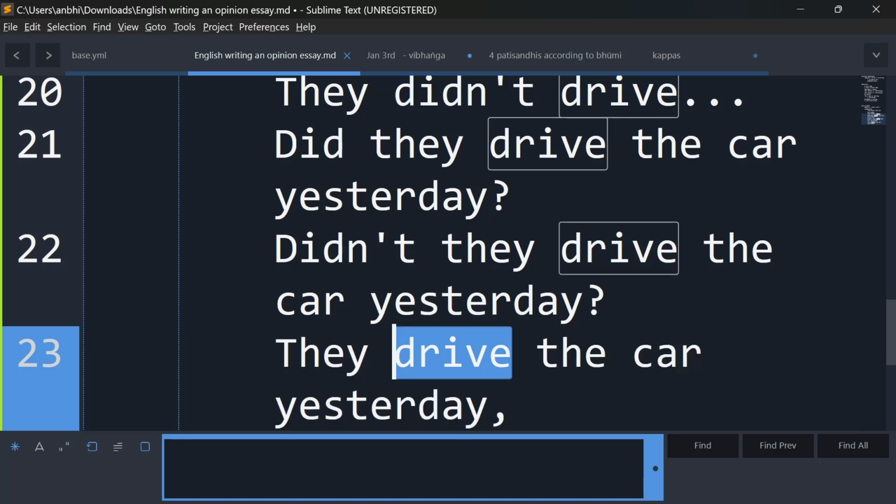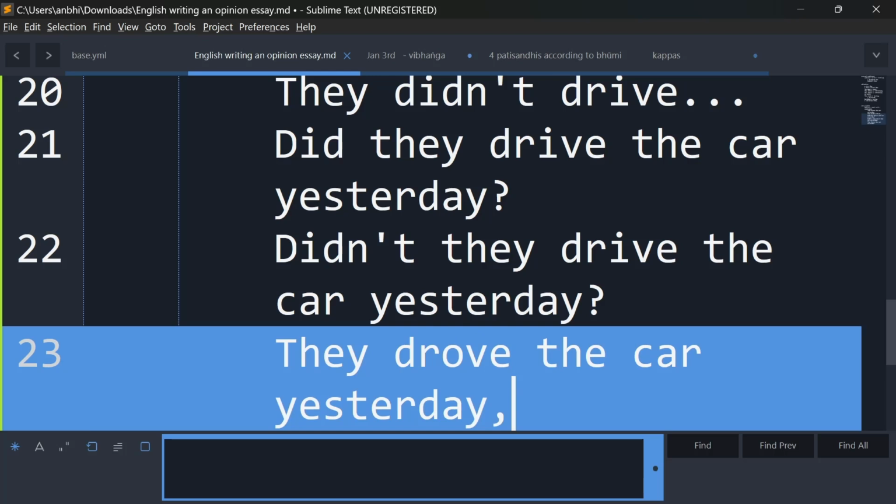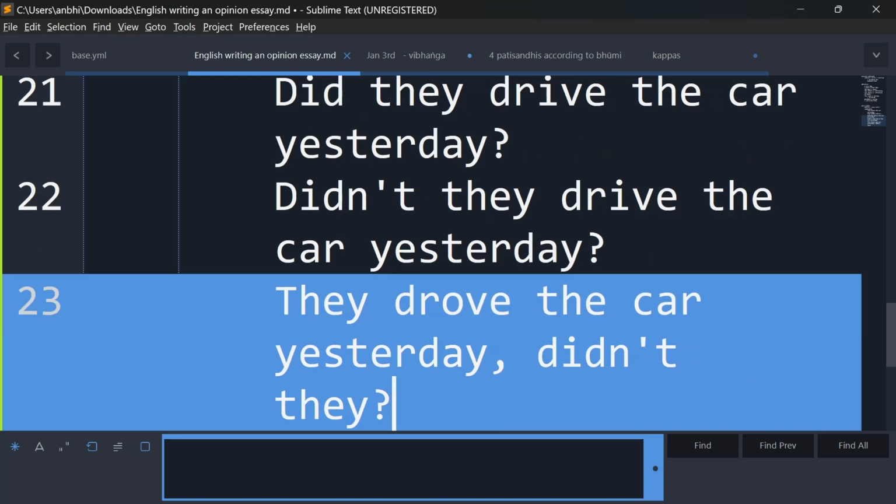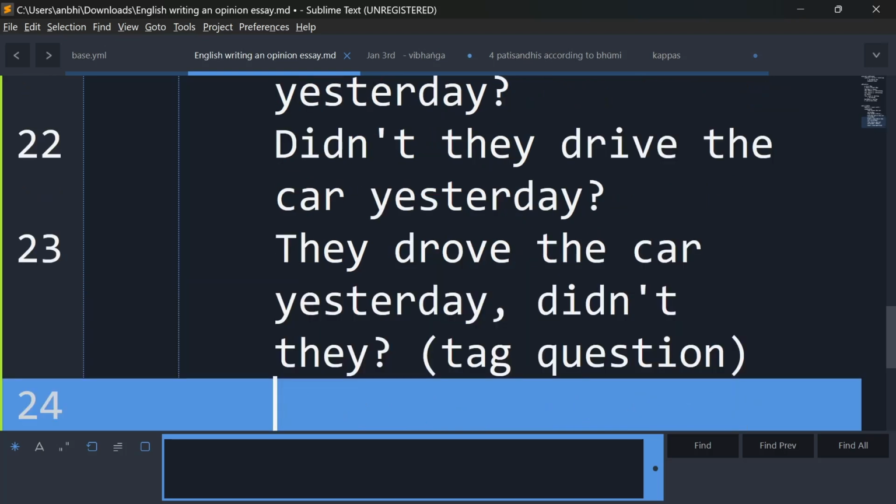And now, how do you add a question at the end to confirm what you said? To confirm, yes. A tag question. Didn't they, right? Didn't they, yes. This is a tag question.